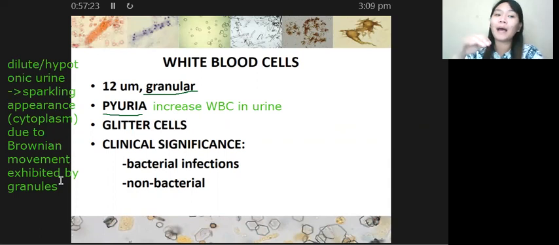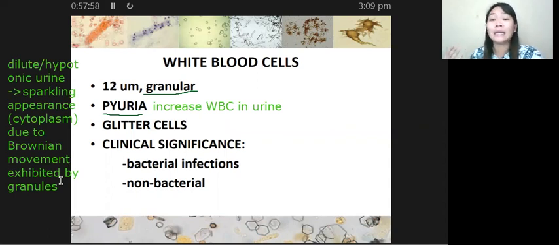So remember, what happens to our cells if they are present in dilute or hypotonic urine? Of course, there will be an increase in the entry of your solvent, in this case your urine or water, into the cell. Inside our WBCs there are granules in the cytoplasm.